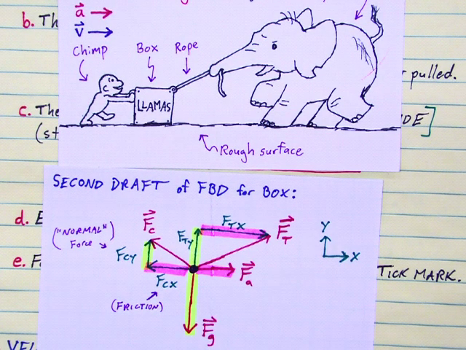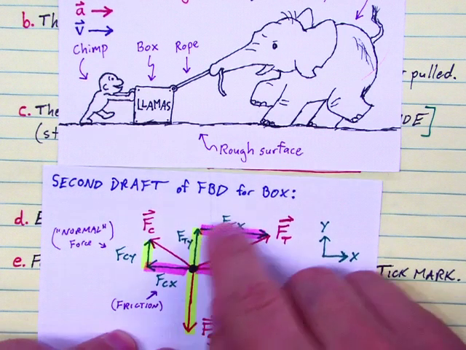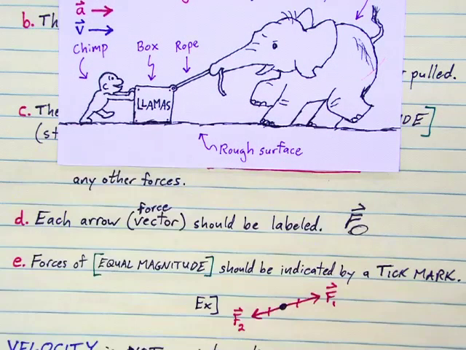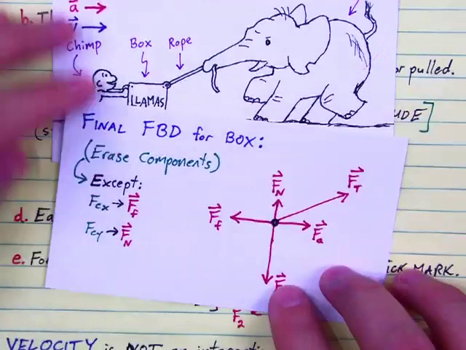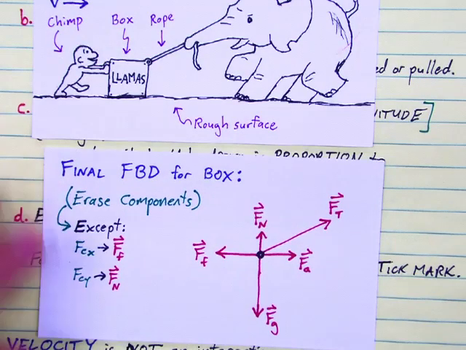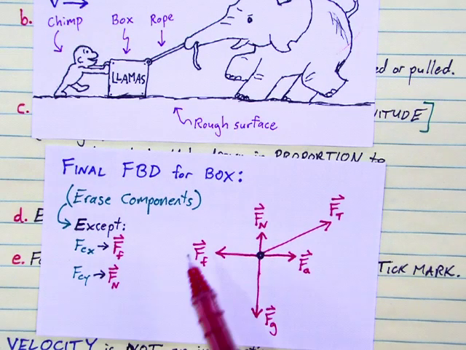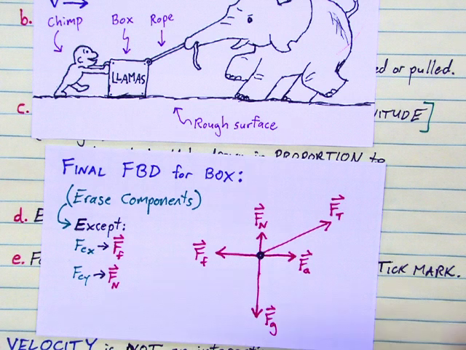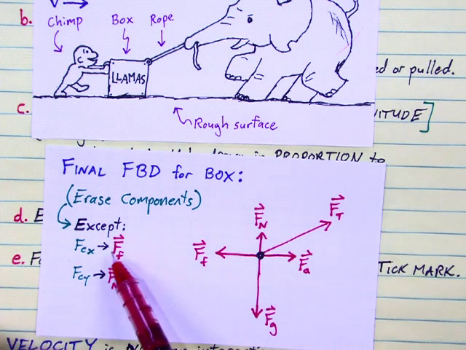So to finish the free body diagram, we just have to clean it up a bit. By convention, we don't always show all these components. So our final FBD for the box, we obtain by erasing the components and showing just the forces. However, there's an exception.